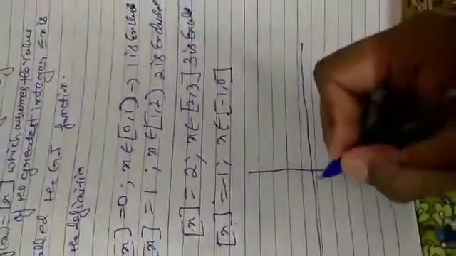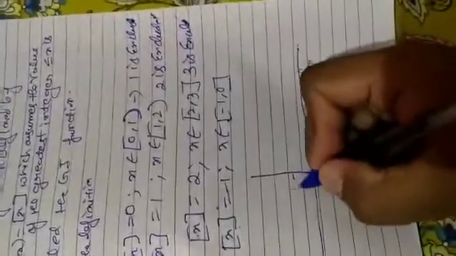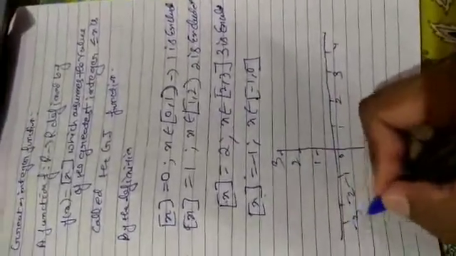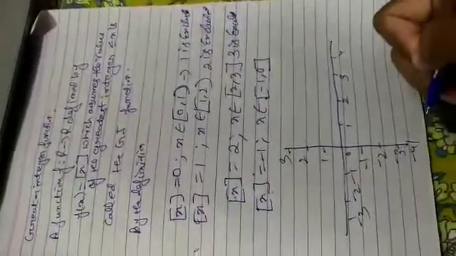So in this case, when we make the graphs, this is 0, this is 1, this is 2, this is 3, this is 4, and this is minus 1, minus 2, minus 3, minus 4.